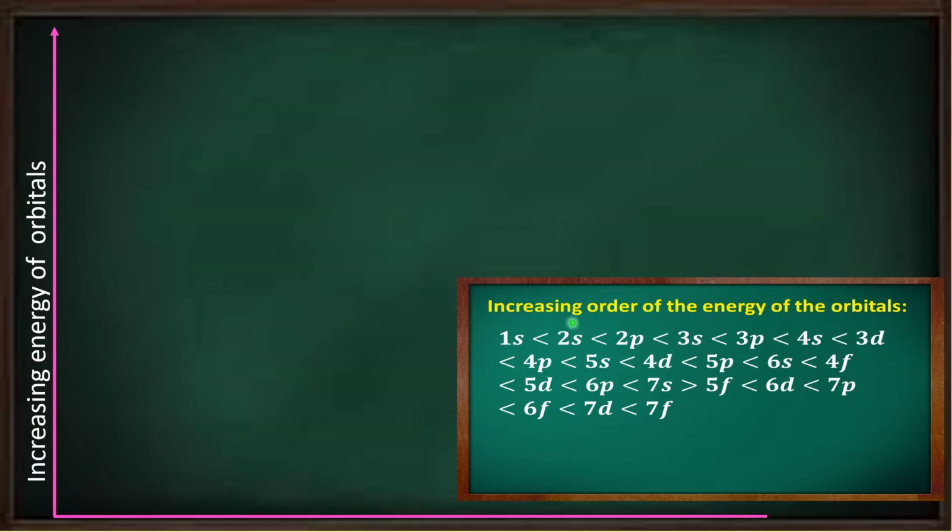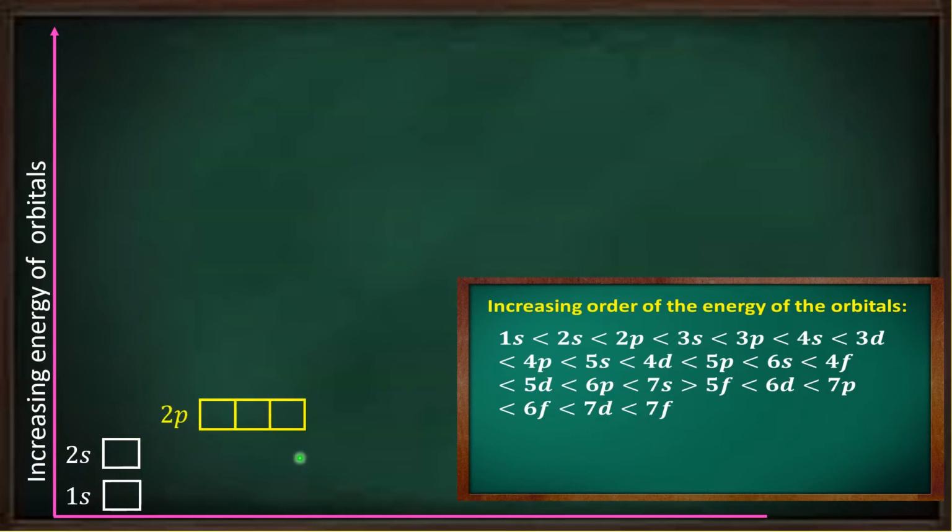So you can see all the orbitals are here. 1s orbital has the least energy than any other orbital. So I will place 1s orbital here. Next, 2s orbital, that is 2s orbital has more energy than 1s orbital. That's why I have placed it above 1s.